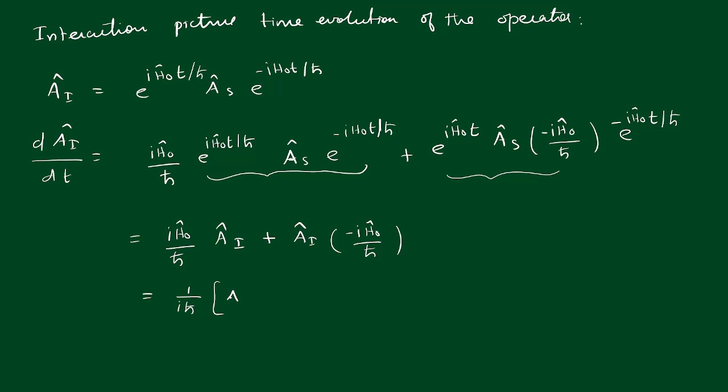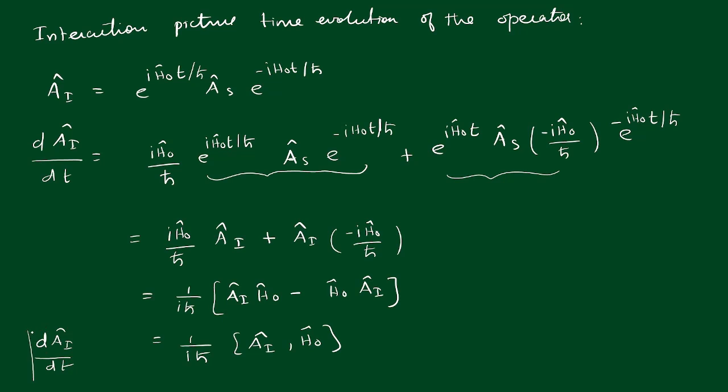This becomes ai hat H0 minus H0 ai. I hope that minus sign is fine. So I can write this as 1 by i h cross, the commutator of ai with H0. So this is dAi divided by dt.